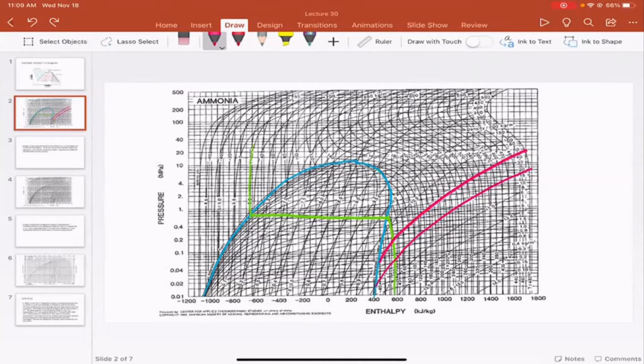And thinking about why that might be would be a good thing in the context of the problems we're going to do today, because that's one of the homework questions: why wouldn't you do that? And so there's not an extensive array of tables. Refrigerants also often cannot be assumed to be ideal fluids, or certainly not ideal gases, because some of the time we're going to be in the liquid phase.